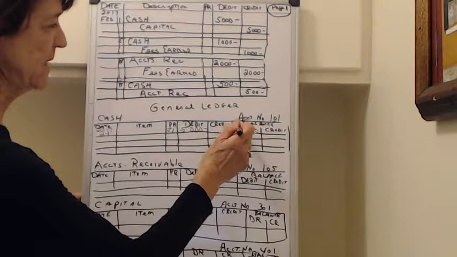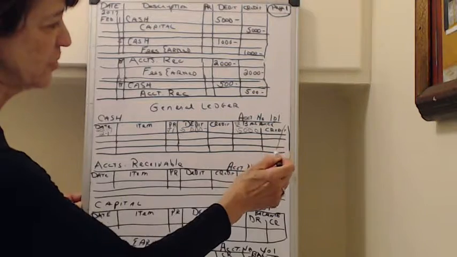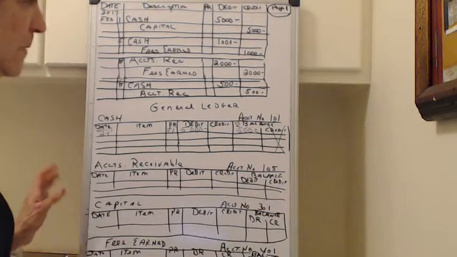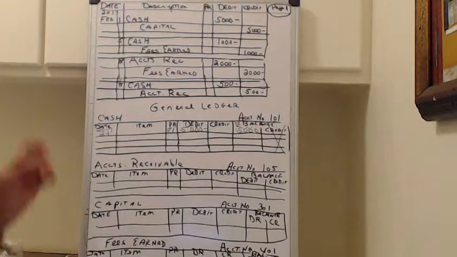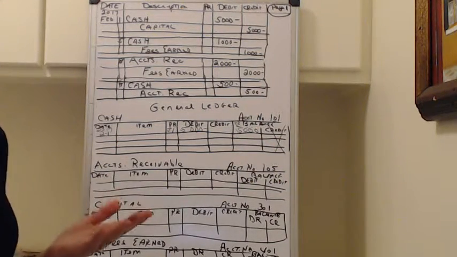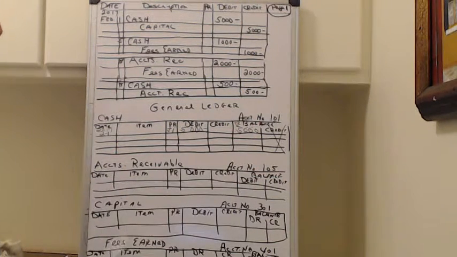So I have a debit balance of $5,000. Now cash, I should never have to use that credit column because cash will always have a debit balance. So you're never going to be writing in that column unless you're overdrawn. But I'm just Xing it out to show you that you don't write in both of those columns.